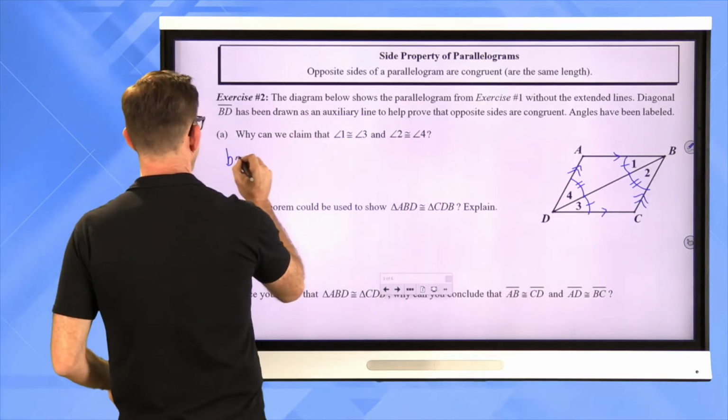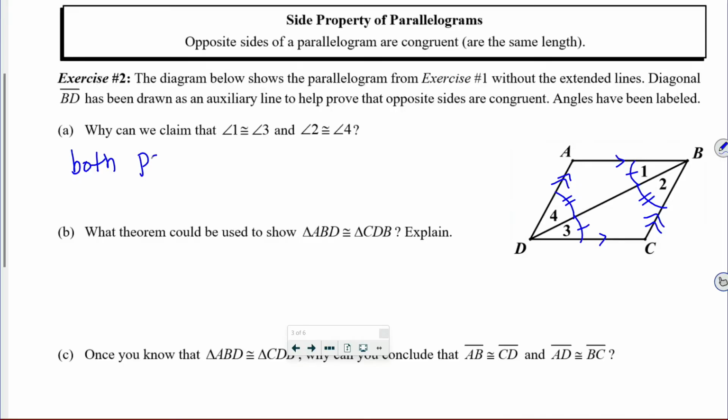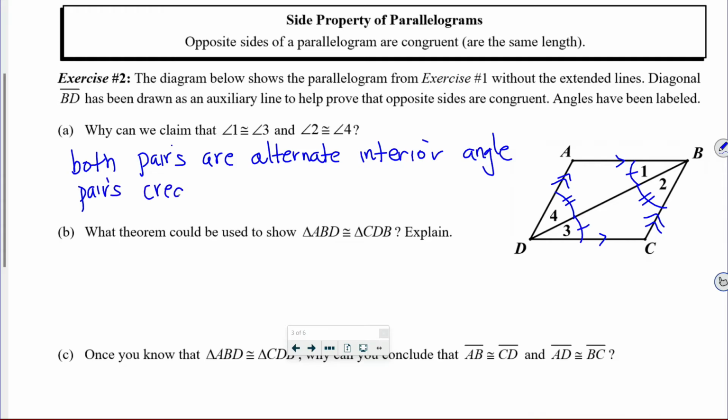So I'm going to say that both pairs are alternate interior angle pairs created by parallel lines.